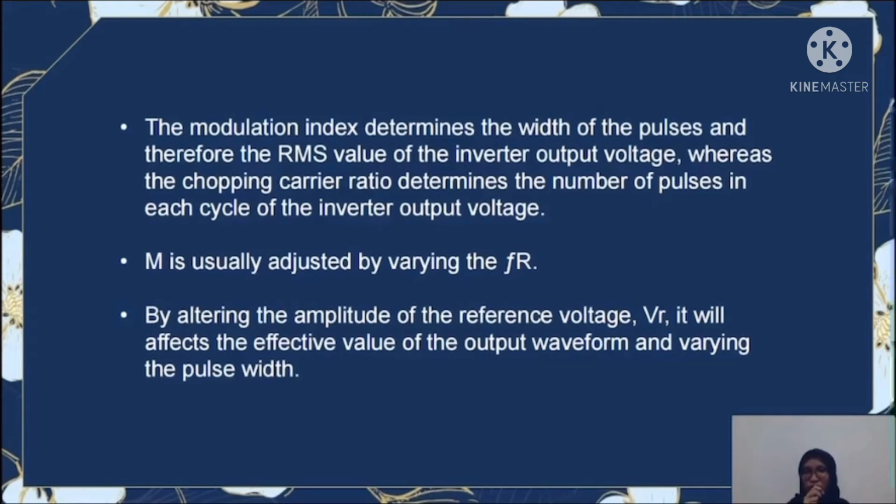M is usually adjusted by varying VR. By altering the amplitude of the reference voltage VR, it will affect the effective value of the output waveform and vary the pulse width.